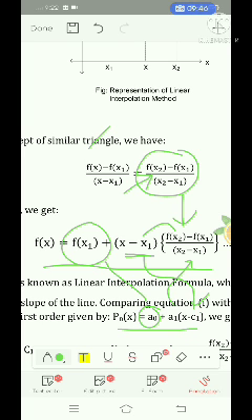Now, if you analyze, class, etong expression na fx2 minus fx1 all over x2 minus x1, ano tong klaseng formula? If you could recall again from our analytic geometry, the formula represents your slope. Ano ba yung definition ulit ng slope? That would be rise over run.